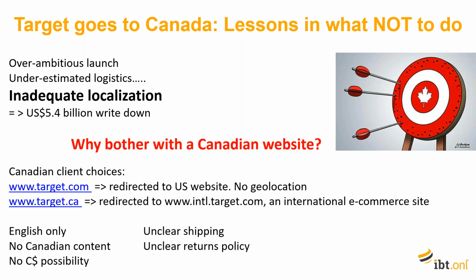When Canadians visited target.ca, that's the top level domain name, they were redirected to a subdomain called international.target.com, which was an international version of the e-commerce site. Canadians were put in with everybody else. There was nothing Canadian specific. The site was not localized and it was not translated.